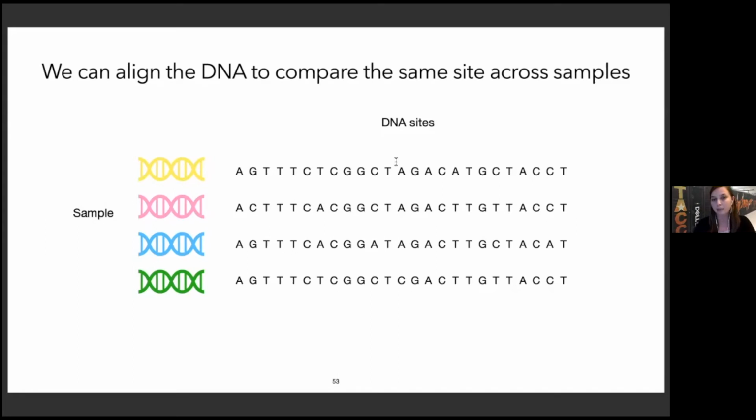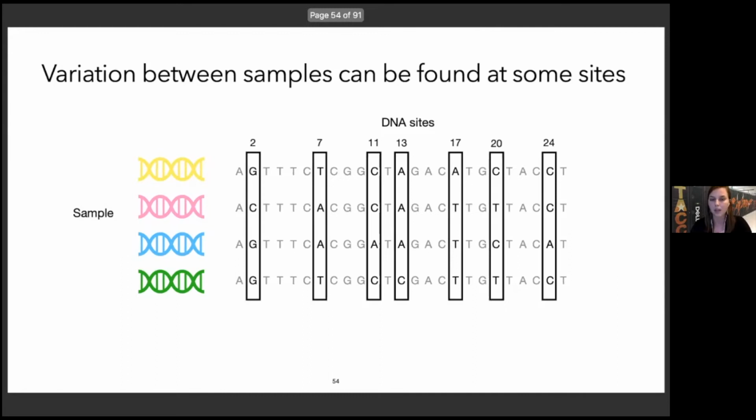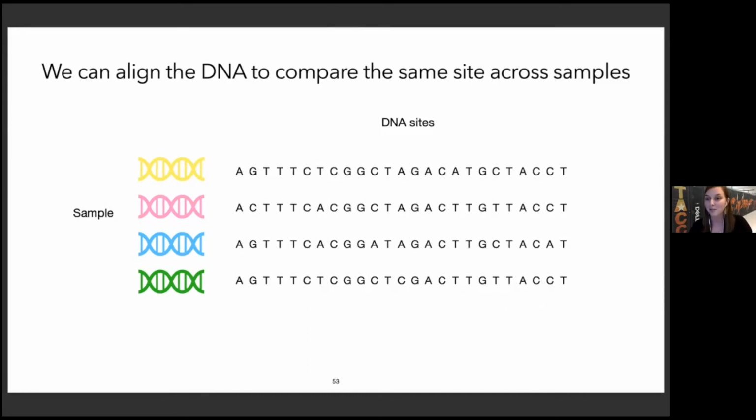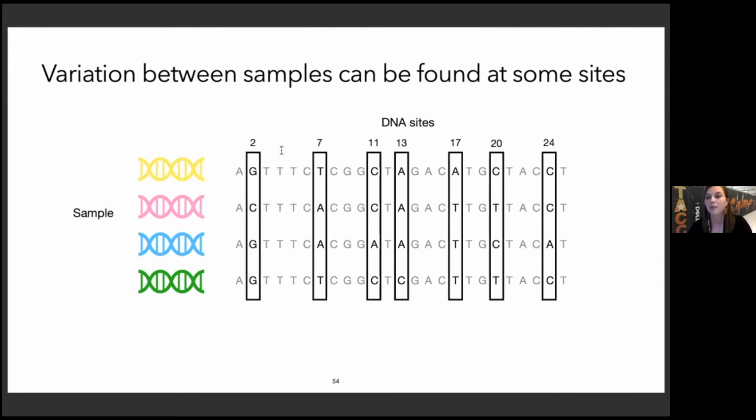So we have them lined up like this, and we have these really long sequences, and now we want to compare at each site in the DNA how much variation there is. And so it's probably hard for you to see from here, but you'll notice if you look closer that there is variation at some sites. So for many sites, it's just the same letter found in each individual in that sample.